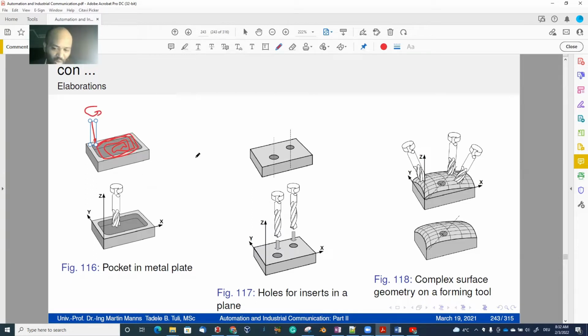There are also operations where the tool is only rotating, but the workpiece is moving. You could imagine drilling operation, for example, milling operation, and others.